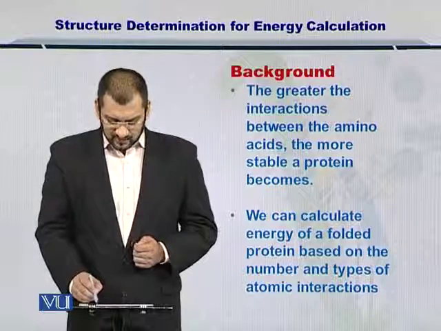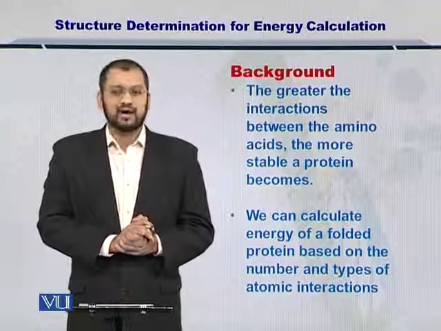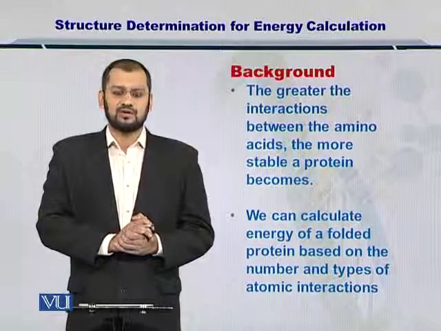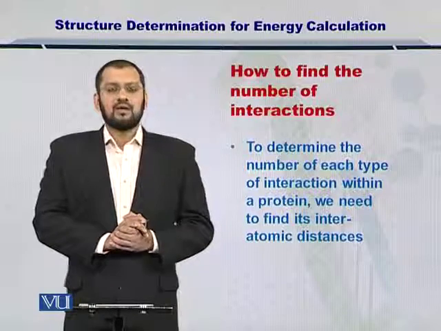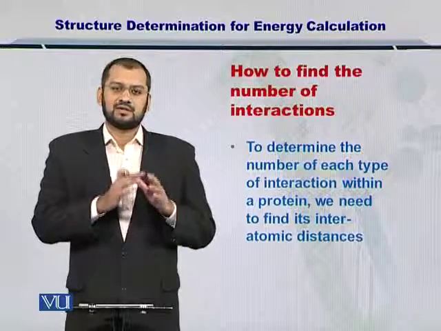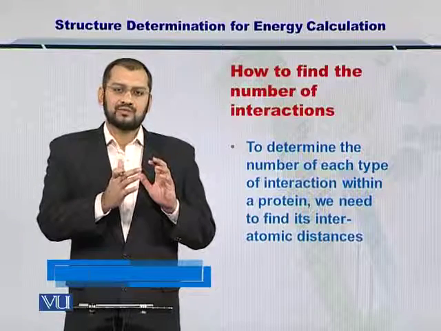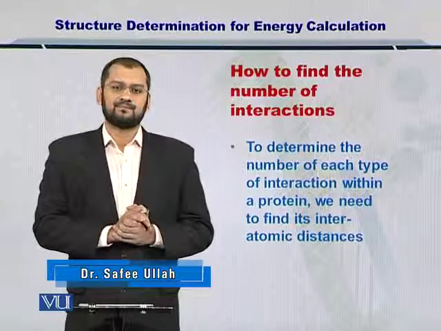And then we can simply calculate the energy of a folded protein based on the number and types of these atomic interactions. In order for you to estimate the type of interaction between atoms, you need to look at the distance between them.